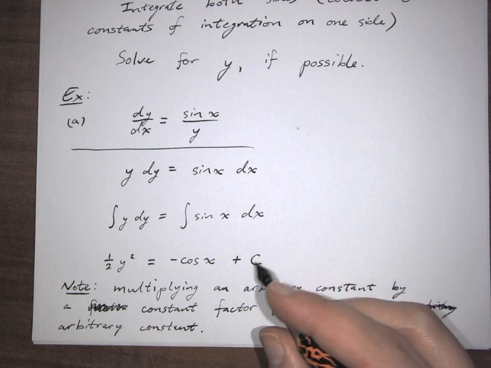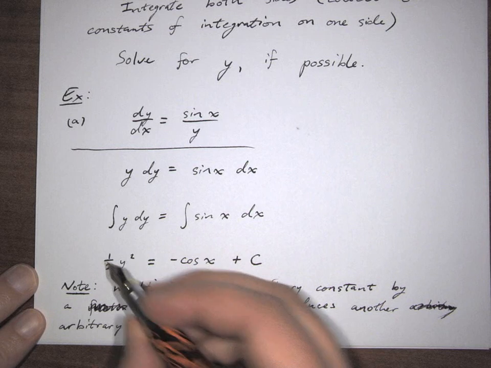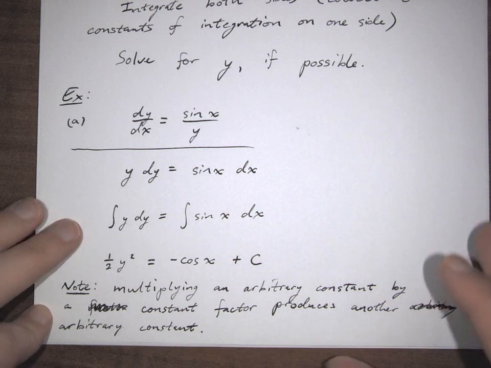So when I multiply the c here by the 2, in order to get rid of that 1/2 there, I'm just going to be producing another arbitrary constant. And for the purposes of disambiguation, I might just write them c2, c3, c4 until I got to the end of them.